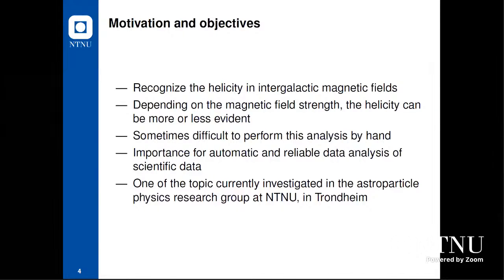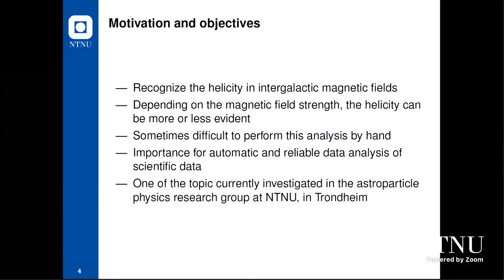So we're not sure from a physical perspective about which one is the actual strength. The theoretical predictions say that it can be between 10 to the minus 16 Gauss and 10 to the minus 12 Gauss. That is from 10 to the minus 20 Tesla to 10 to the minus 16 Tesla, it should be.